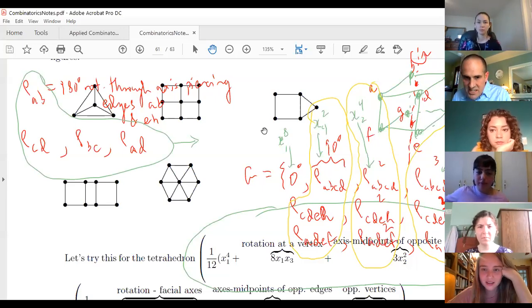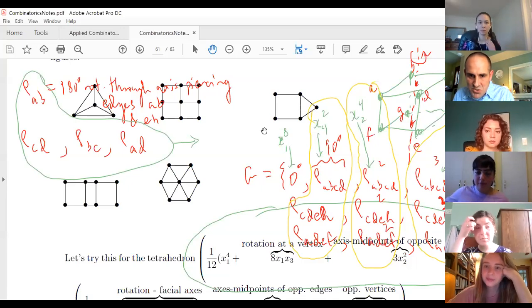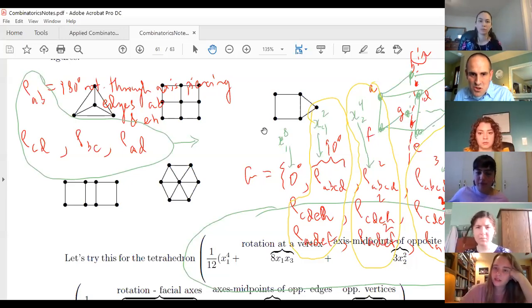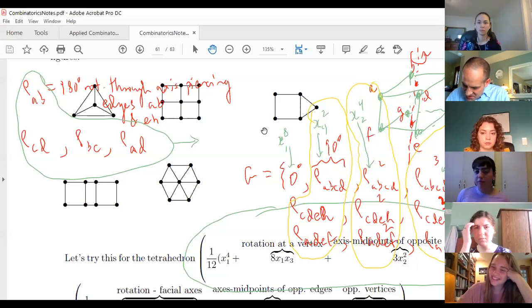Does anything at all get fixed? Think about it. Do any vertices stay in the same place when you put them around one of those axes? I think so. You think something gets fixed? I don't think so anymore.